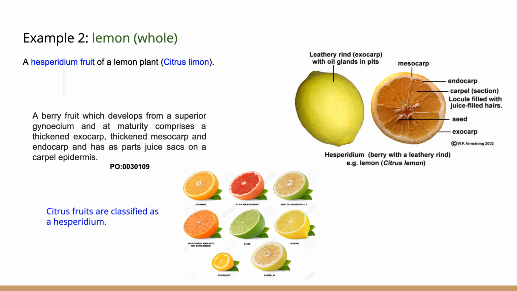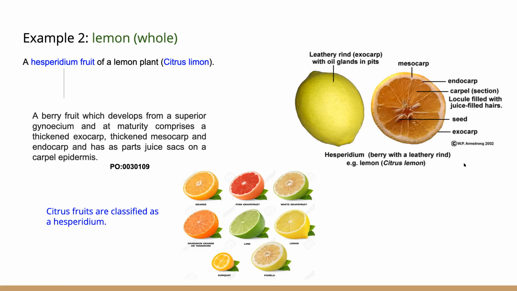Hesperidium, according to Plant Ontology, is defined as a berry with a leathery rind, which develops from a superior gynoecium and at maturity comprises a thickened exocarp, mesocarp, and endocarp, and also has parts like juice sacs on a carpel. In the picture, you can also see this leathery rind, the thickened exocarp, thickened mesocarp, the endocarp layers, and the juice sacs on a carpel section. So all citrus fruits are classified as a Hesperidium and are characterized by the presence of this outer skin, or rind.